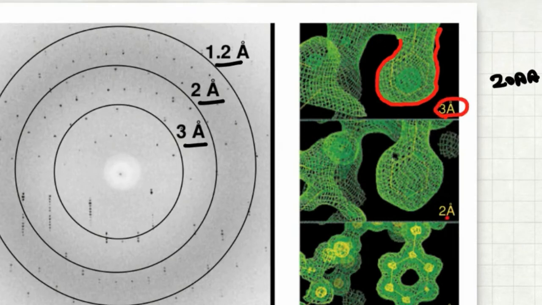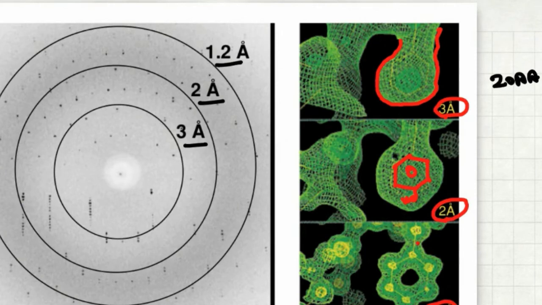But if we go to 2 angstrom, slightly better view, right? So we can say that definitely it's not a 5-membered ring. Some 6-membered ring can be fitted inside, right? But we are not sure whether it's going to be a phenyl ring alone or some OH group is also there. But if you go for better resolution, 1.2 angstrom, now it is very clear, right?